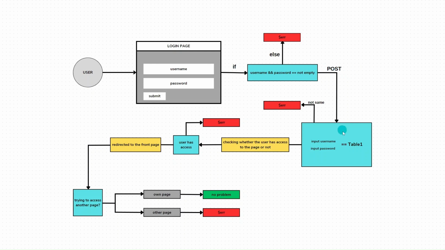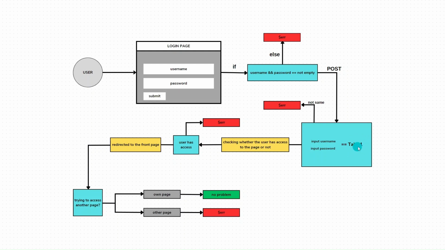My code will take or post the username from this input and also the password, and check whether the username and password are the same as the username and password in table 1.